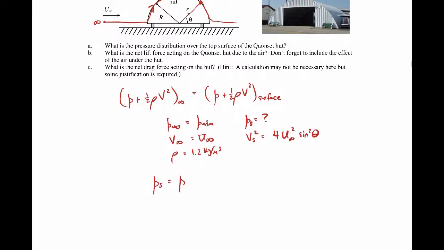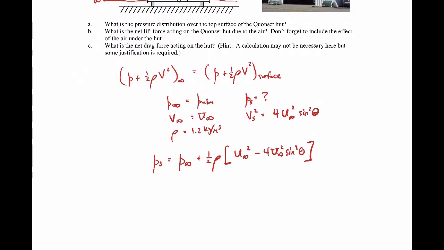Pressure on the surface will be the P infinity plus 1/2 rho u infinity squared minus the 4 u infinity squared sine squared theta. So I've just gone ahead and substituted in these terms into the equation and then just rearranged to find what the pressure distribution is.